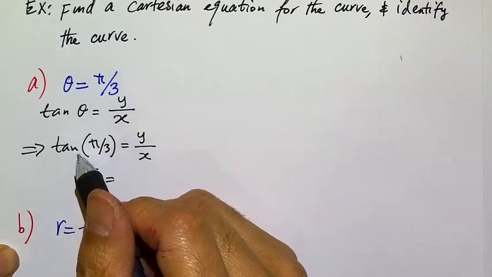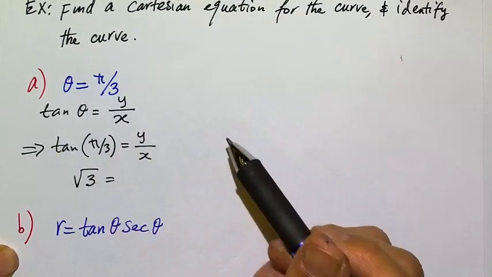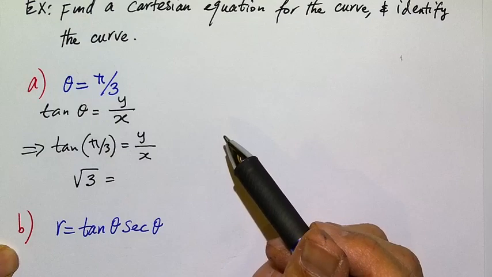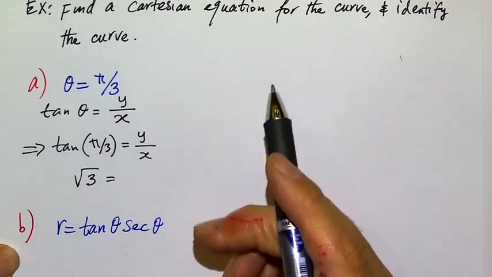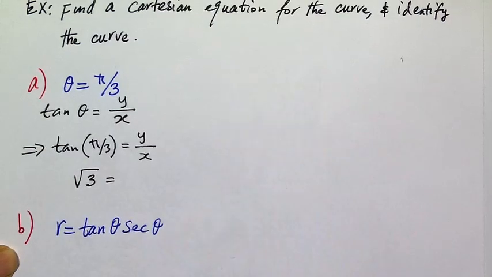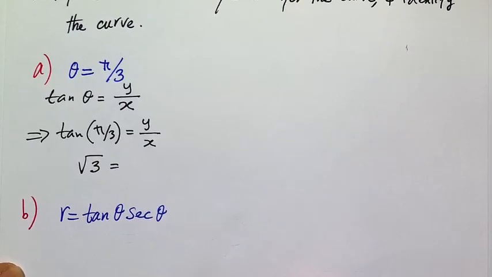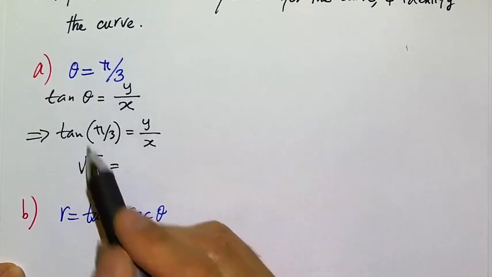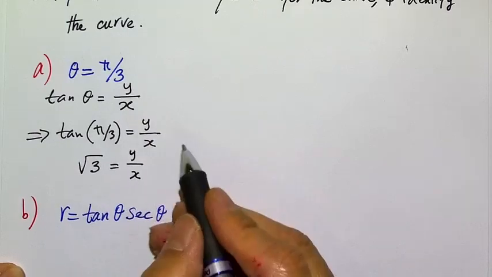Not just the tangents or cotangents, the sine and cosine, because if you know sine and cosine in memory, then you can calculate all the other functions. The secant, cosecant, tangent, cotangent can all be calculated if you know the sine and cosine for these special angles. Anyway, so this is square root of 3 equals y over x.